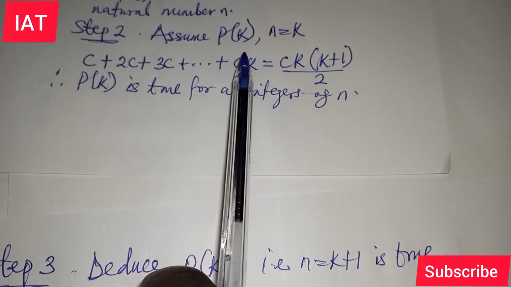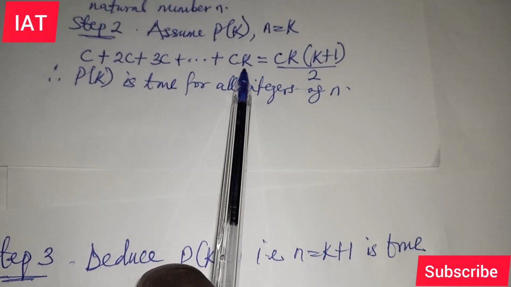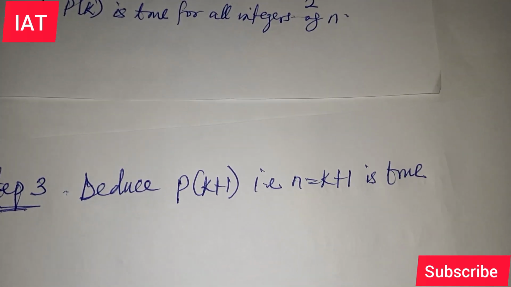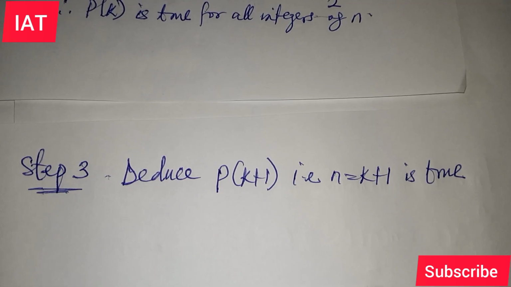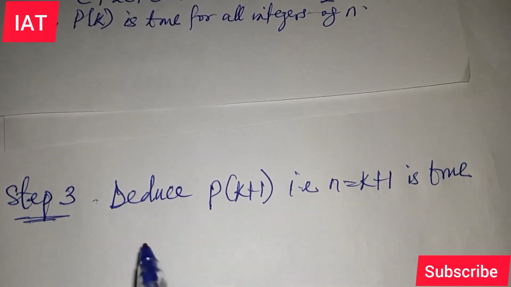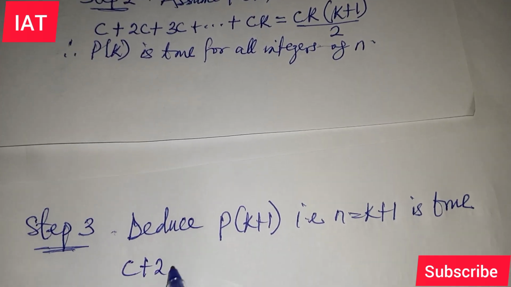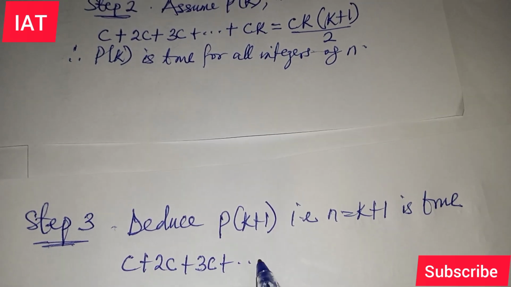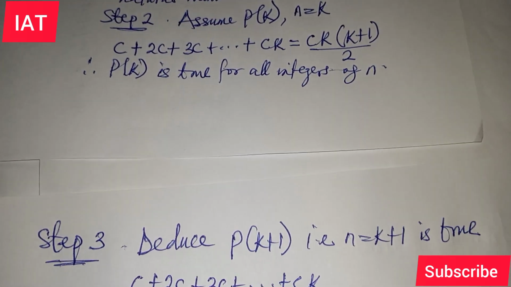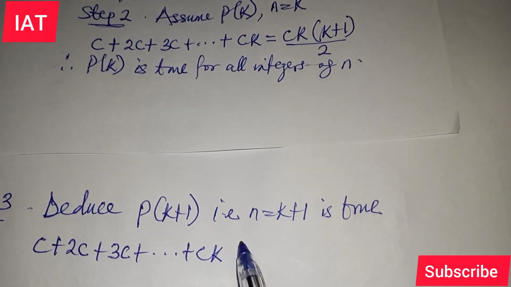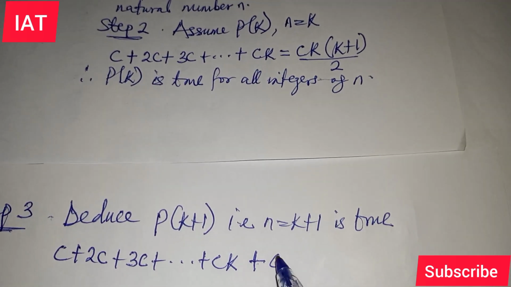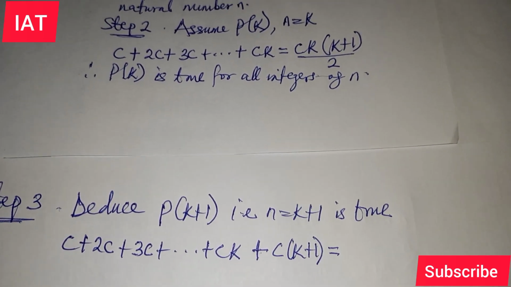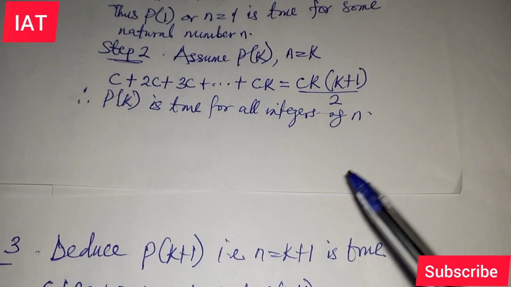You know, of course, here we have P of k, and then we come to this point ck. But this time, this ck will be increased by 1. So how is it going to increase by 1? It's simple. So you have to copy the step 2. We had c plus 2c plus 3c plus up to the number c of k. And what did I say about this? This will have to increase plus, this time our k now will increase to k plus 1, which is equal to, then what do we have at the right hand side?